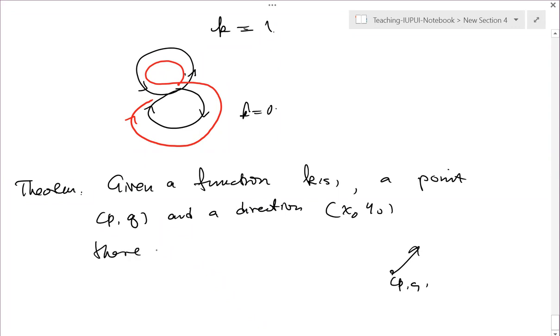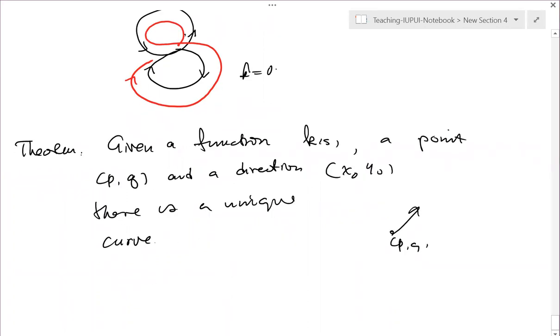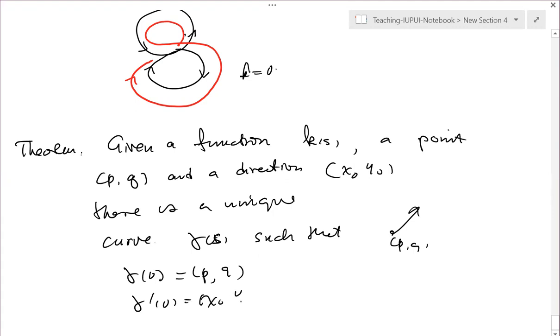There is a unique curve gamma t such that, right.